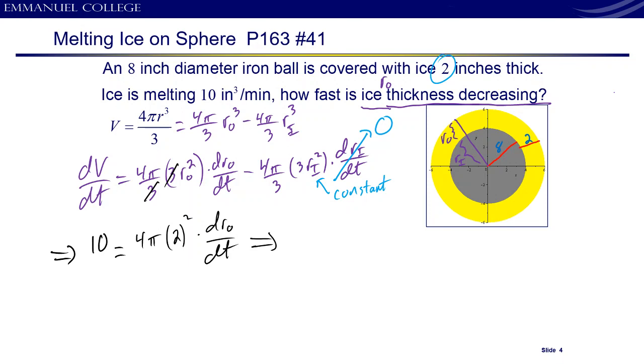So that means the rate of change of our radius is going to be 10 over 16 pi. Now, what would the units be?